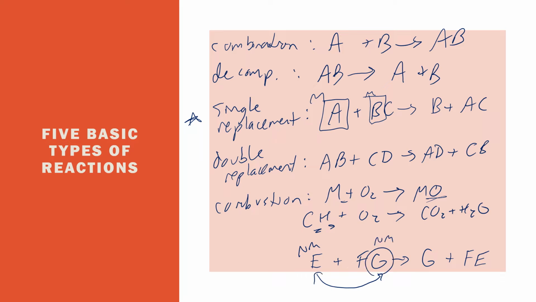But again, I'll label this single replacement as well, because it's also single replacement. So the element by itself, the nonmetal in this case, must be more reactive than the nonmetal in the compound in order for this reaction to happen. And if it's not more reactive than the element in the compound, you would just say no reaction.